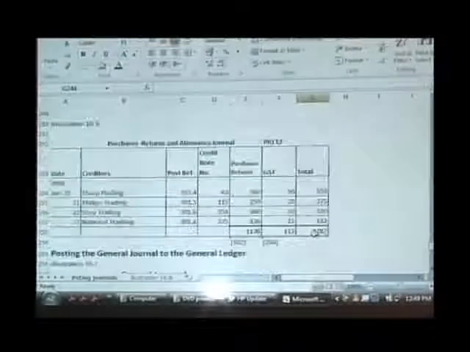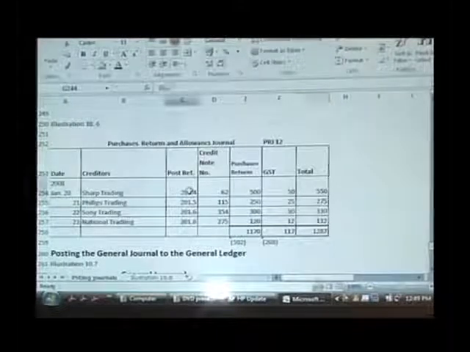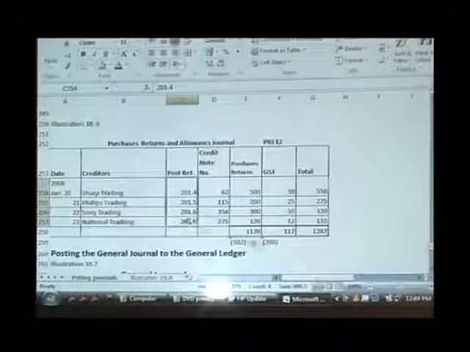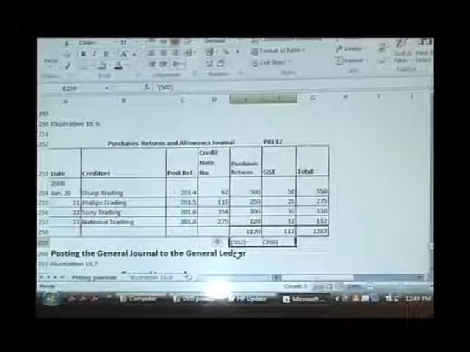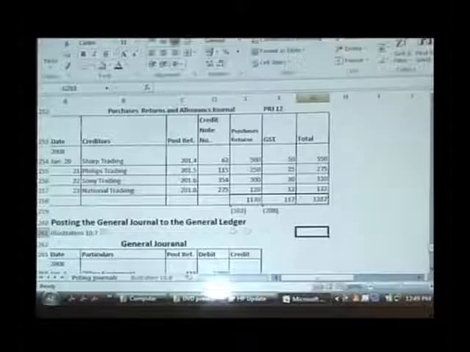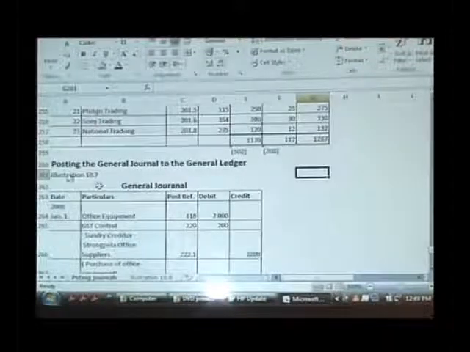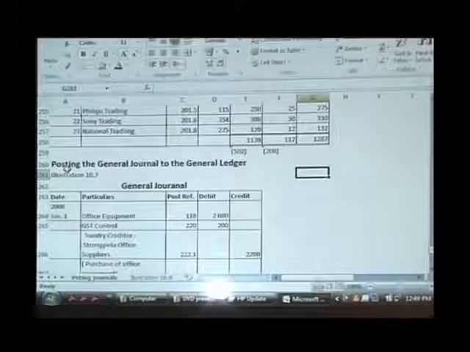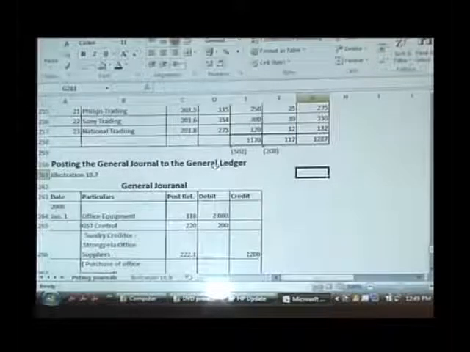Okay, now we have completed individual amounts as well as the totals. The last item, posting the general journal to the general ledger.